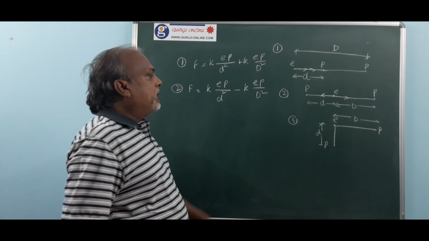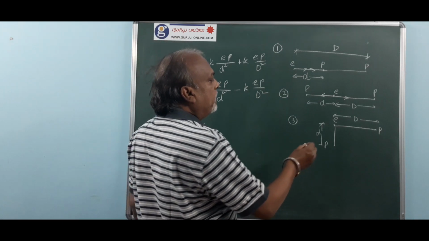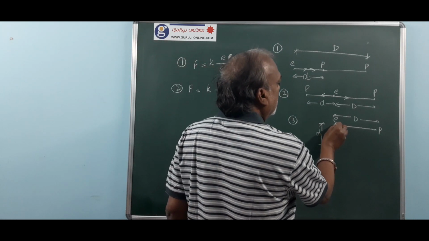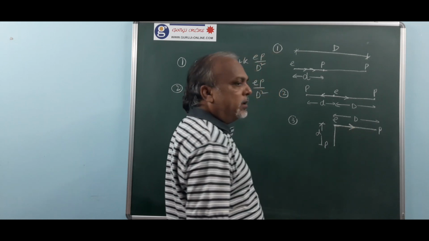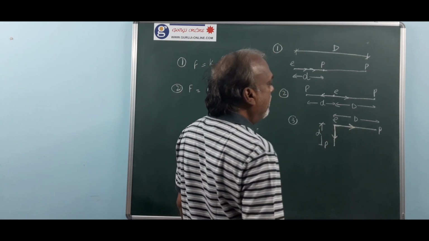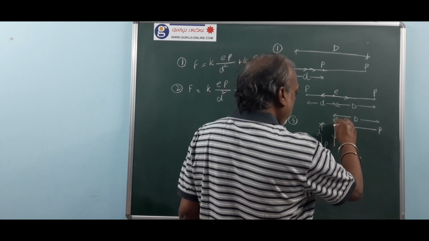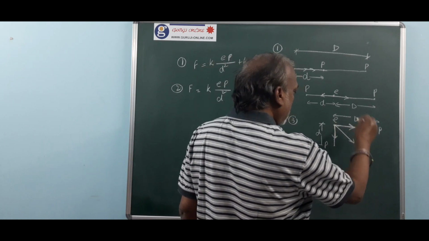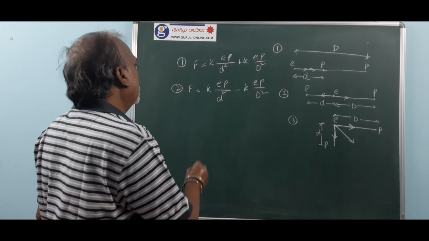In the third case, let us see. This will be attracted like this and this will be attracted like this. So naturally it will have a vector combination of this.